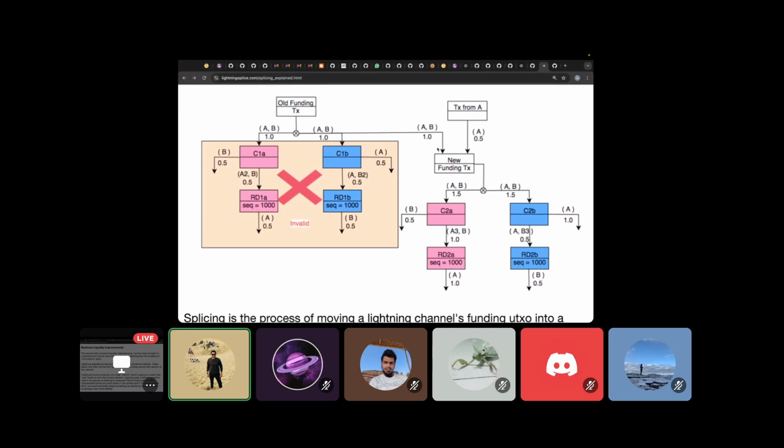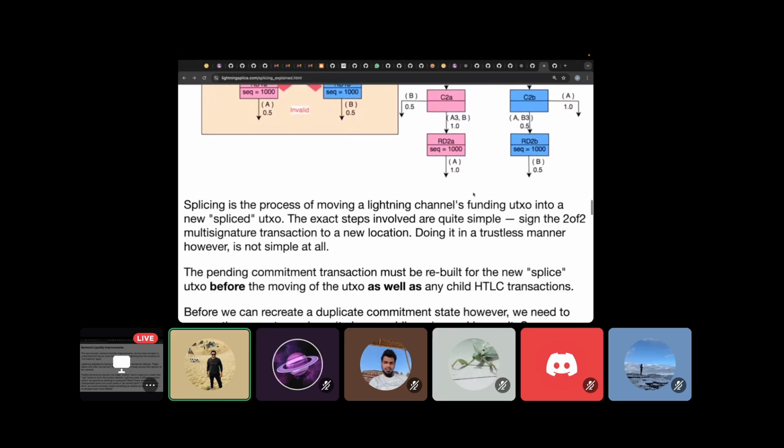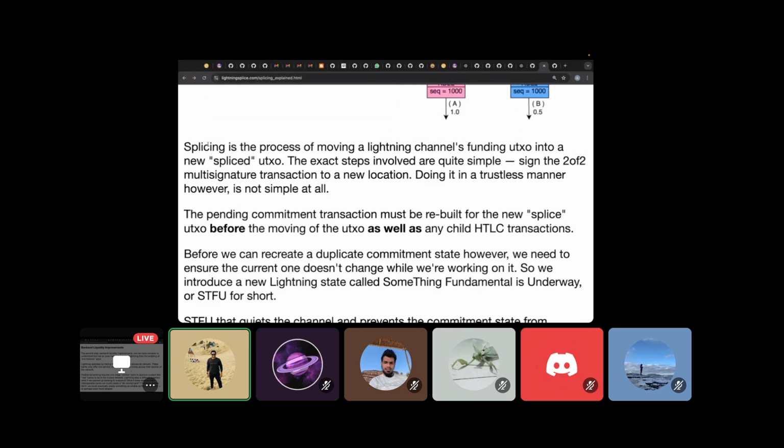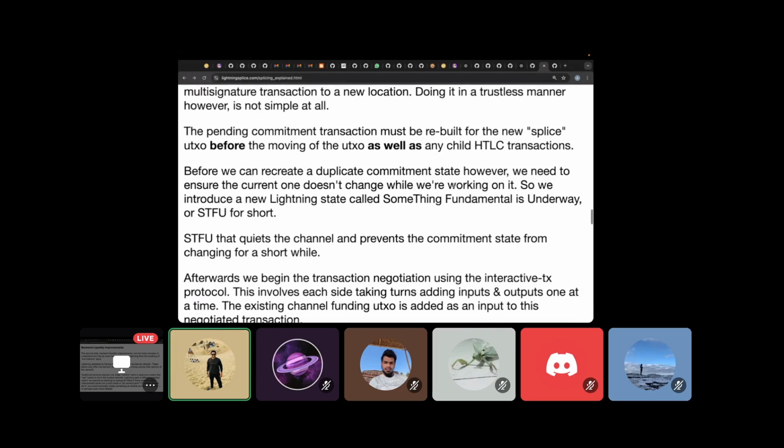Then when this new funding transaction has enough confirmations, right now it is suggested to be six, your channel resumes again, and you can then use these new balances to advance your channel state as well. So splicing is the process of moving a Lightning channel's funding UTXO into a new spliced UTXO.